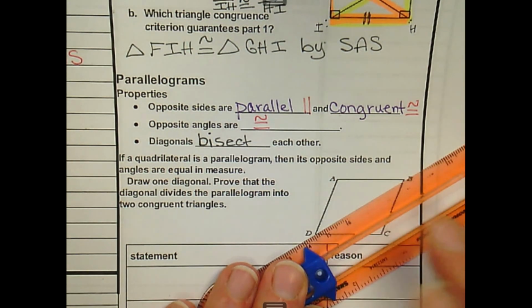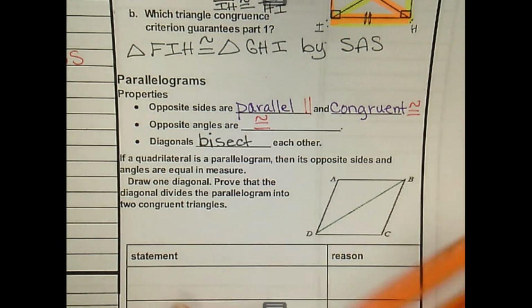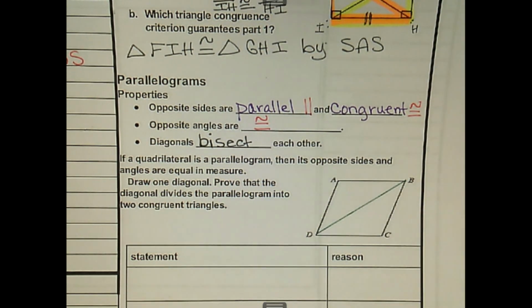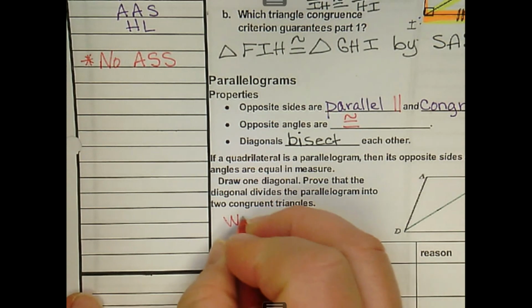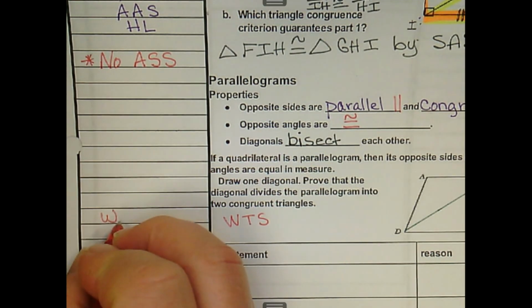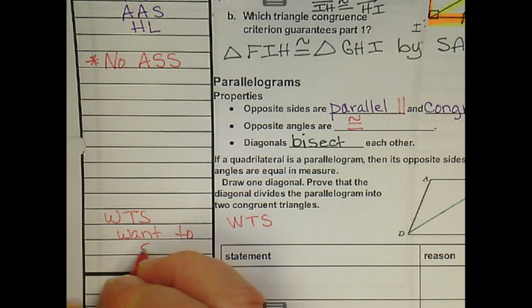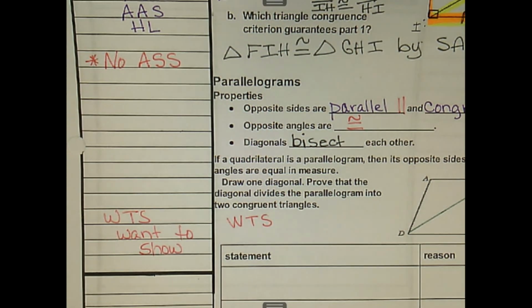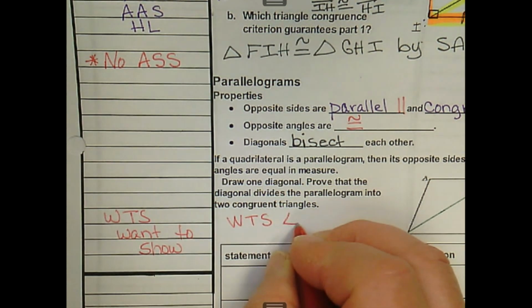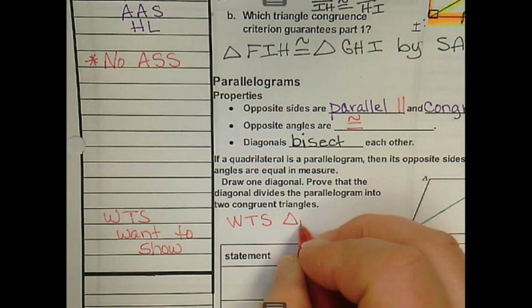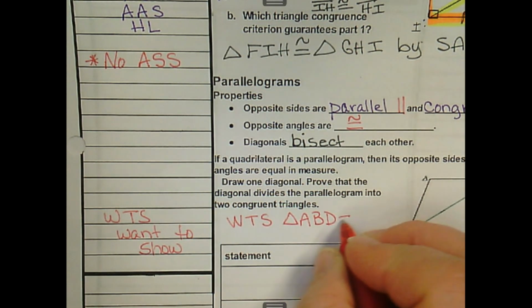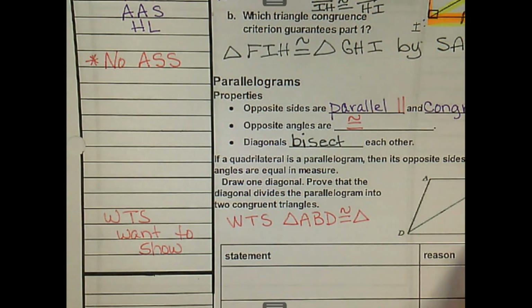Let's try from D to B. Okay, so what we want to show, WTS, we want to show that triangle ABD is congruent to triangle CDB. That's what we want to show.